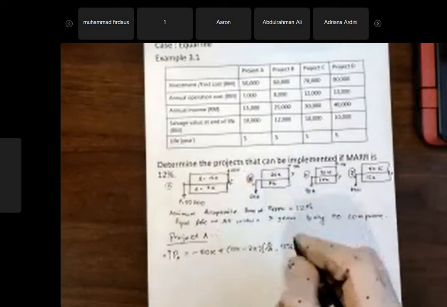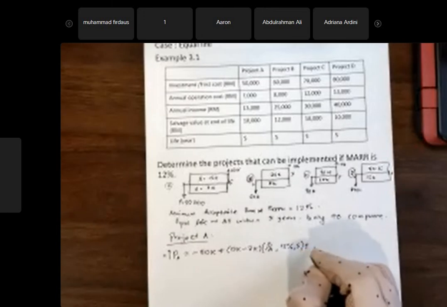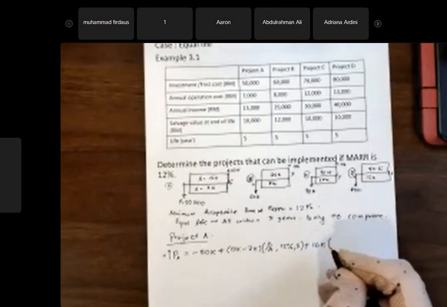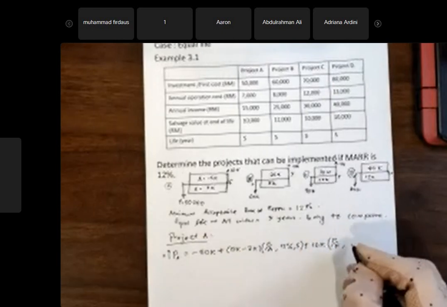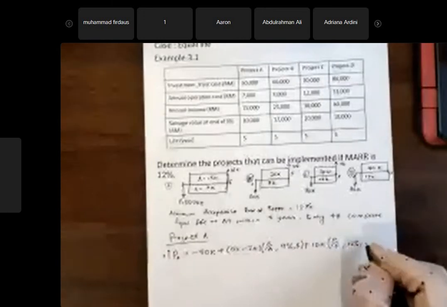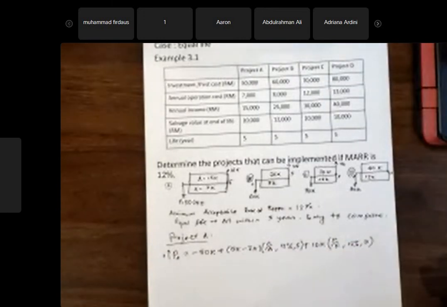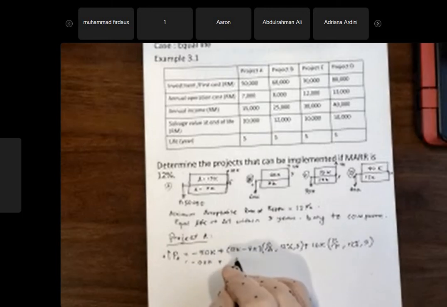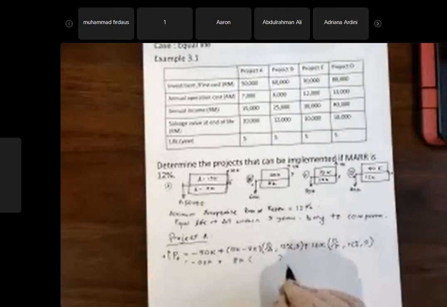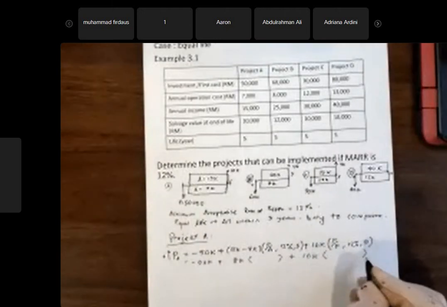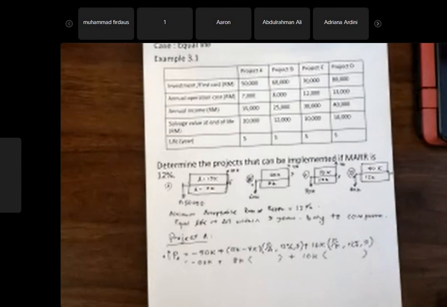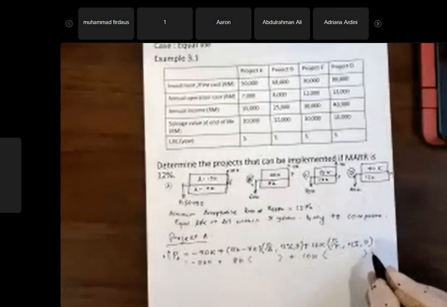And then the salvage value of 10k. This one is F, so P over F at 12% within 5. You just find the value in the table, 12% PA and 5, and 12% PF and 5.